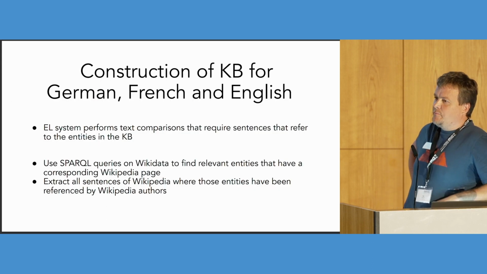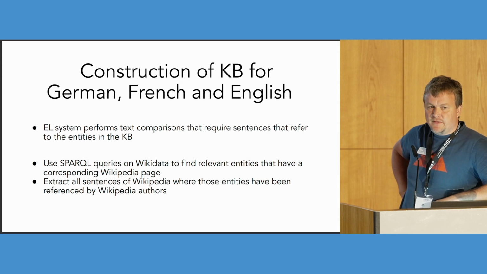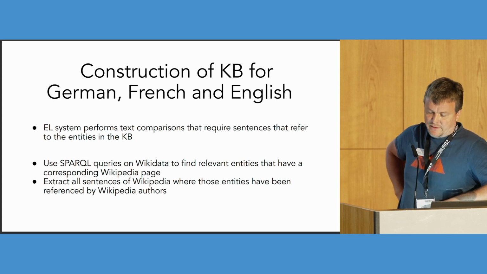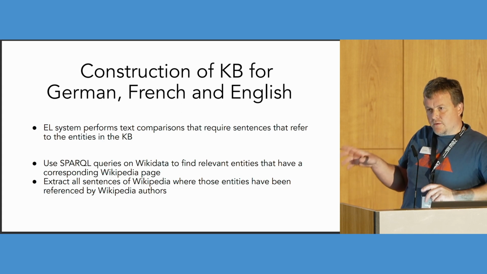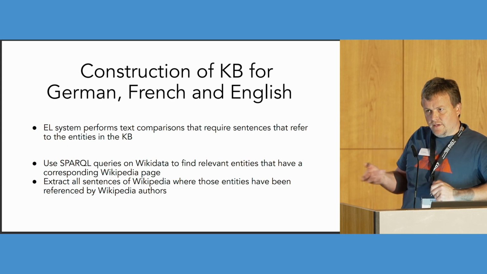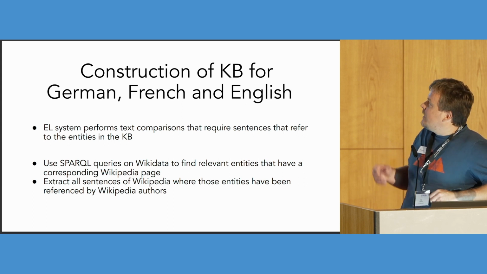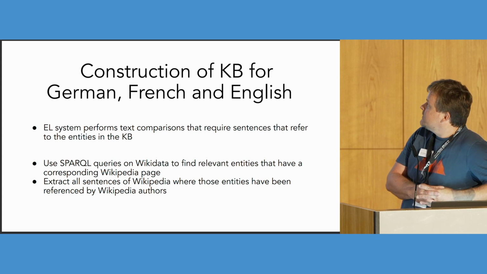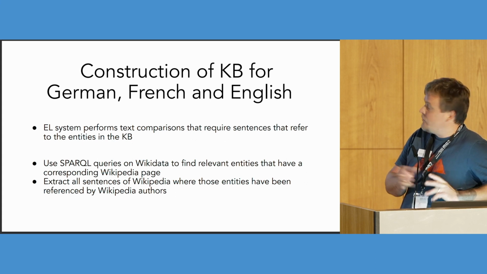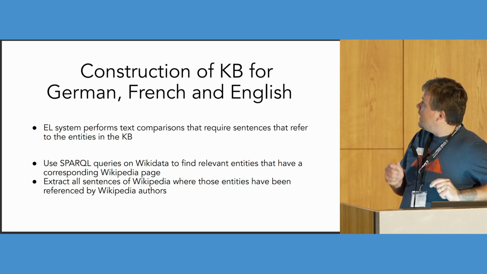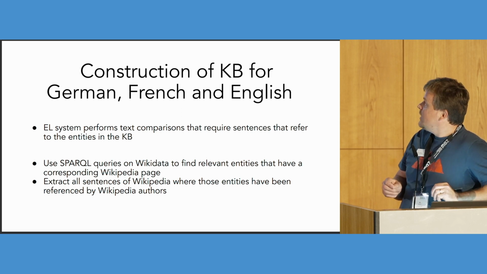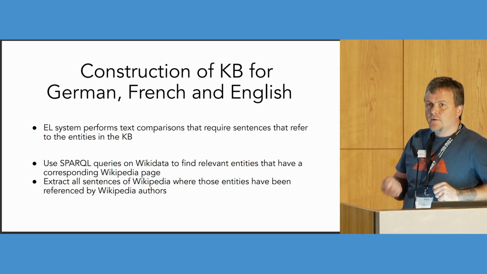Okay, before we start with entity linking, we need something that we call a knowledge base. That is basically the authority the entity linking system works with. And since our entity linking system performs text comparisons between sentences, this is the reason why we need Wikidata and Wikipedia.